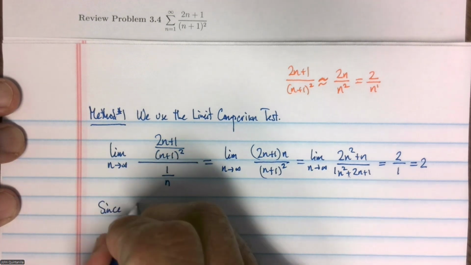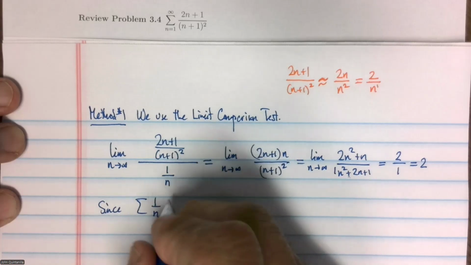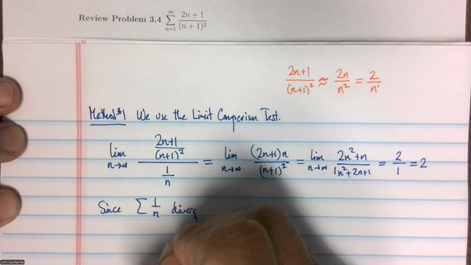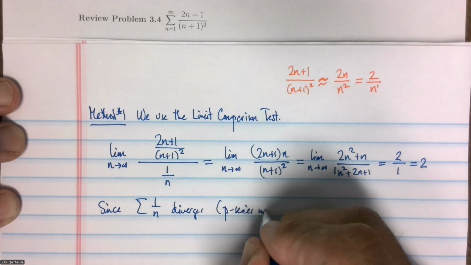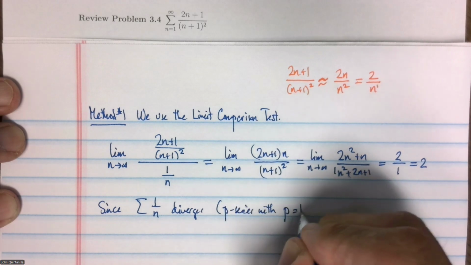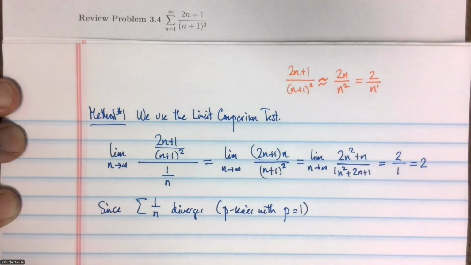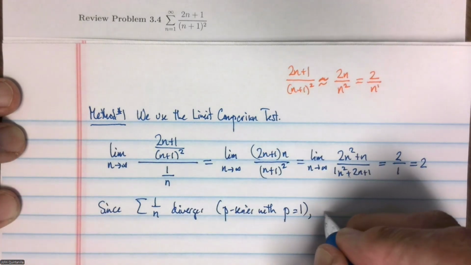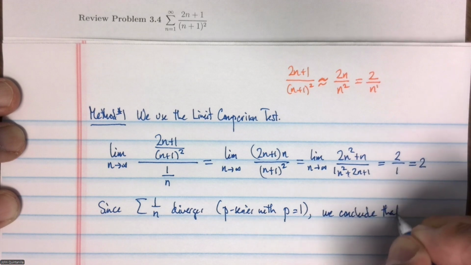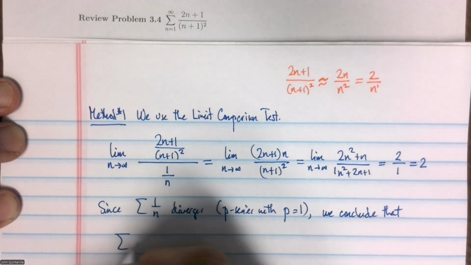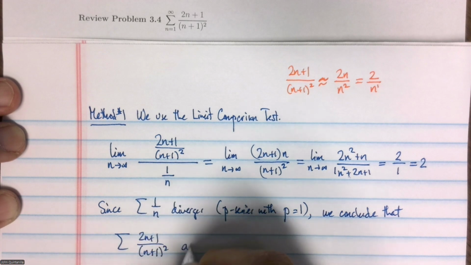Well, we know that the summation of 1 over n diverges, and that's a p-series with p equal to 1. Or I could just simply say that's the harmonic series. We conclude that the original series, summation of (2n plus 1) over (n plus 1) squared, also diverges.